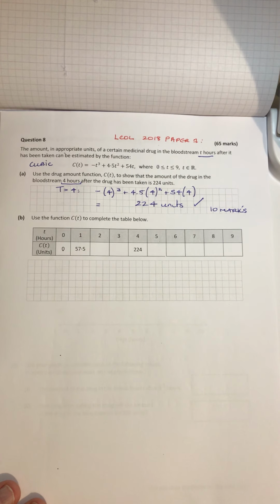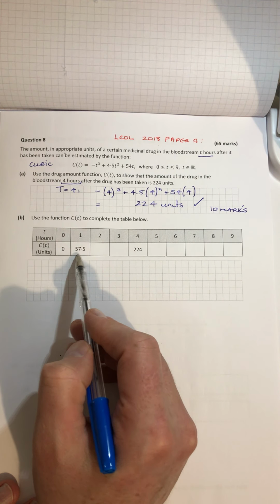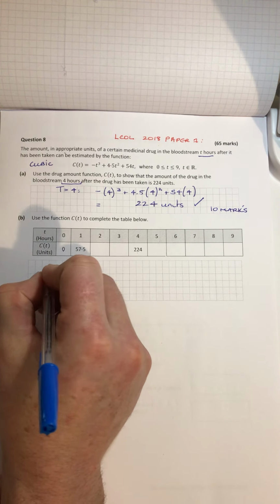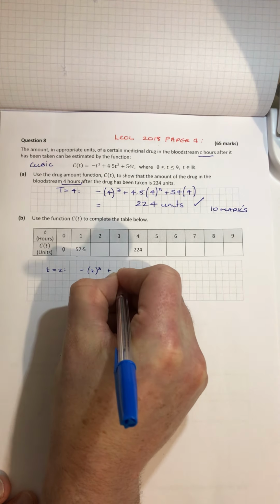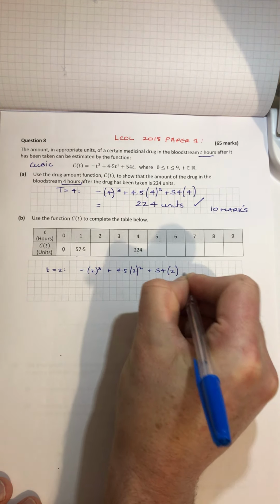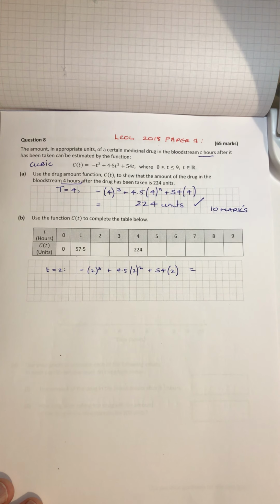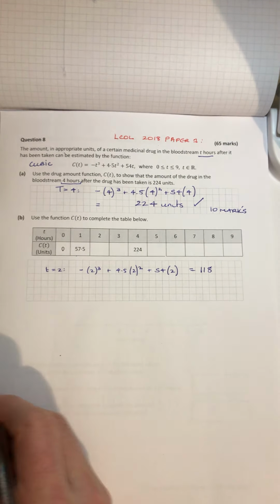Now we're going to use the function to complete the table. The first one has been done for us, and 4 has been done. So we're going to sub in t is 2: minus 2 cubed, 4.5 times 2 squared, plus 54 times 2, substituting in 2 on your calculator, and you get 118.